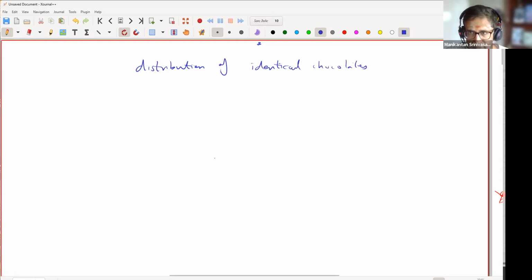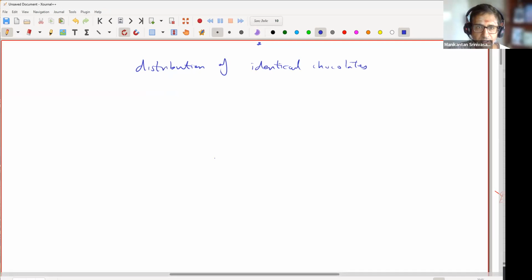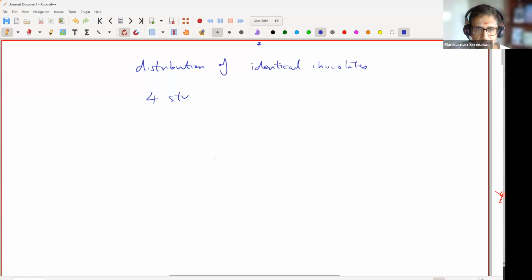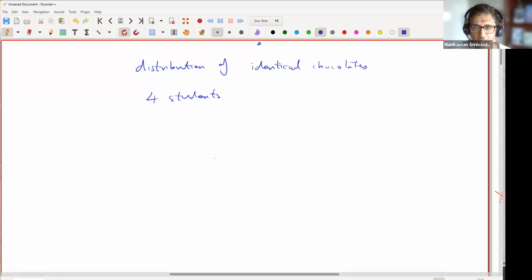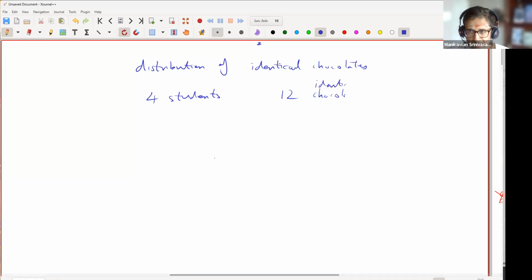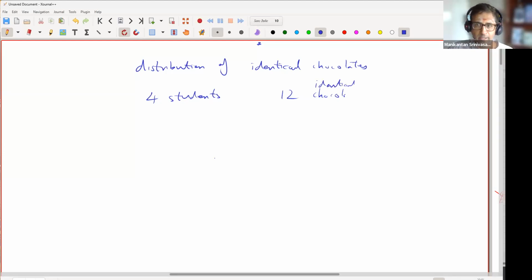A teacher has 4 students, and he has to distribute 12 chocolates. There are different possibilities in framing the question. Let's say 12 identical chocolates, and each student can get any number of chocolates, 0 or more.